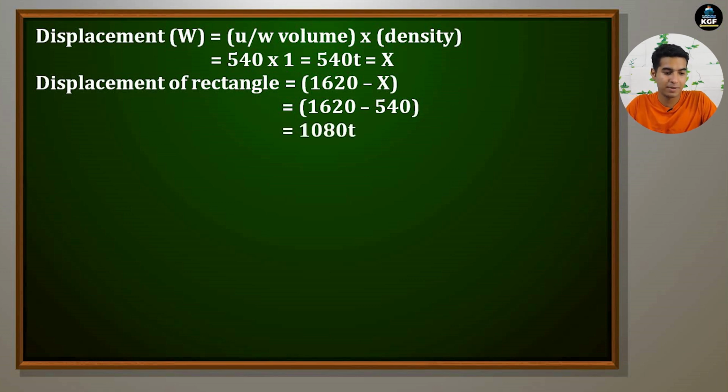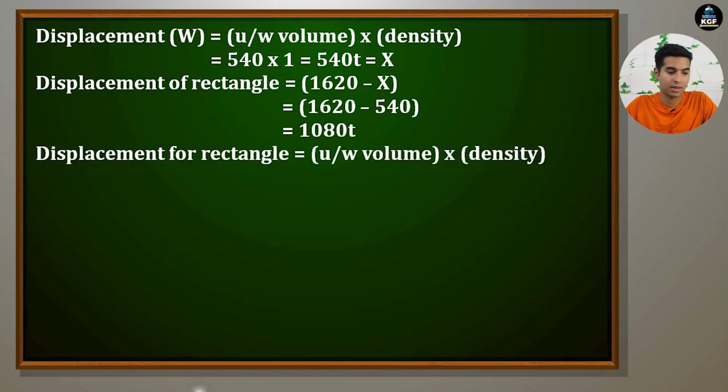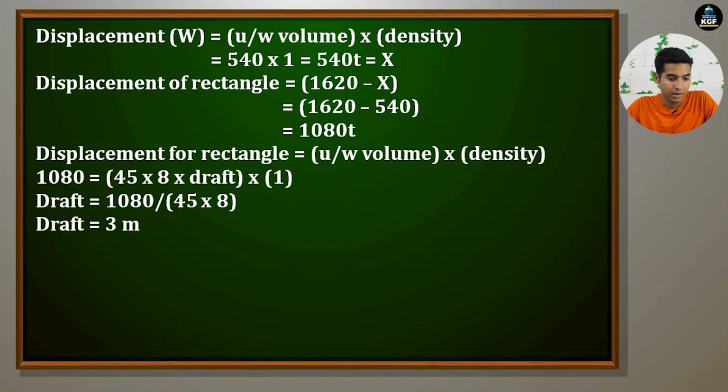So final displacement will be 1080 tons. Displacement for rectangle will be equal to the underwater volume multiplied by density. 1080 is equal to 45 meter multiplied by 8 meter into the draft into 1. So we have to find the draft of the rectangle because the triangle is vertically upright.